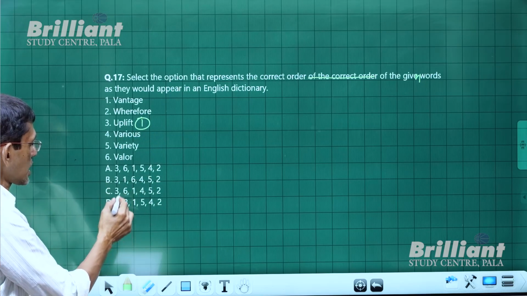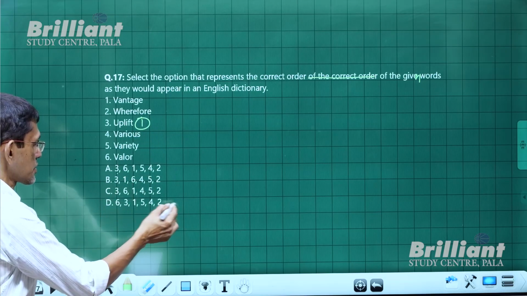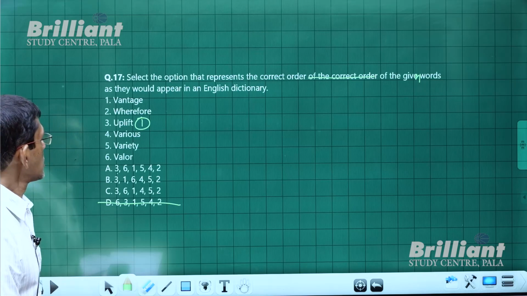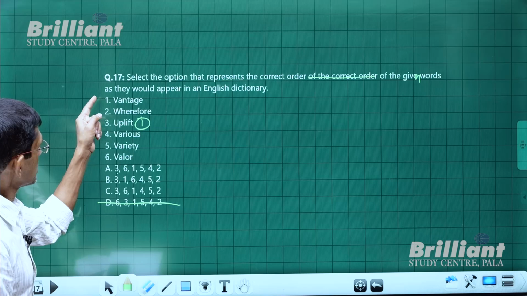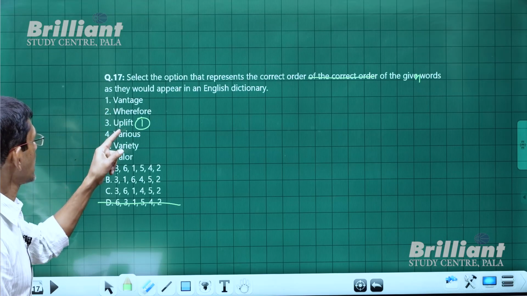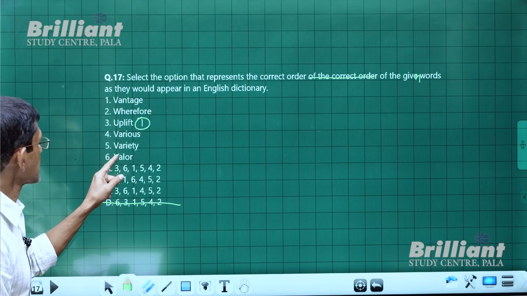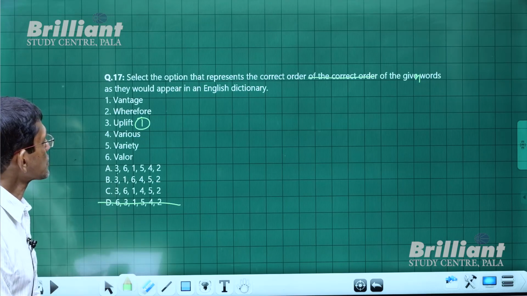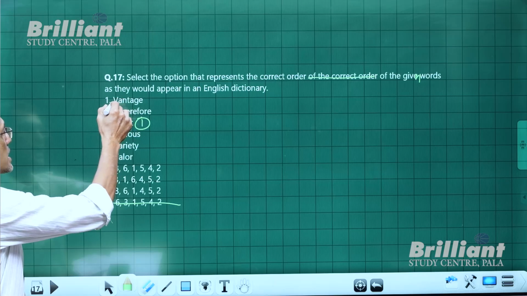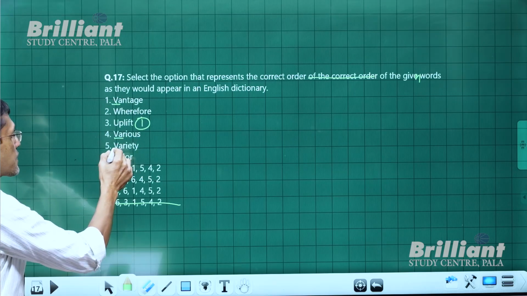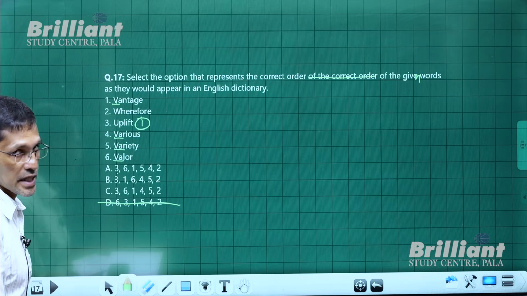How many answer choices start with it? 1, 2, 3 answer choices, so this is not going to be the answer. After U, the next letter is going to be V, right? So we have vantage, various, variety, valor. You can ignore V and A because in all these words the first 2 letters are VA.